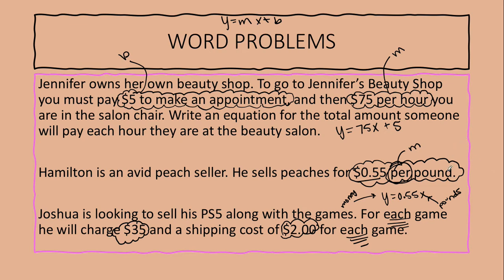What does that mean? Well, if I'm paying $35 per game and $2 per game, in reality, y equals 35x plus 2x. Aren't I actually paying $37 per game? Absolutely. So my equation here is y equals 37x.